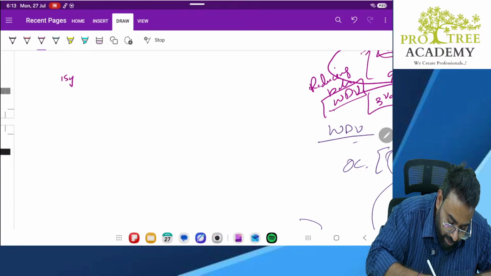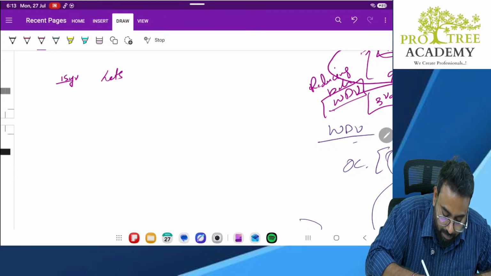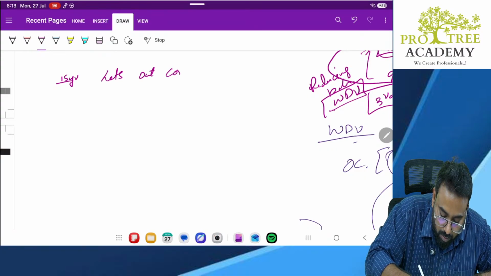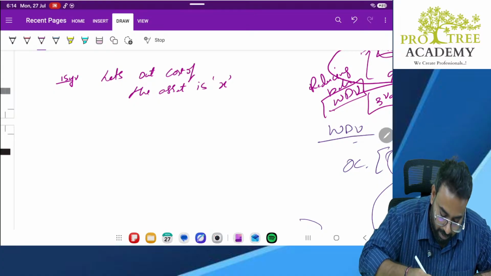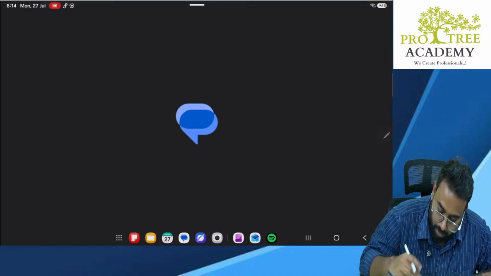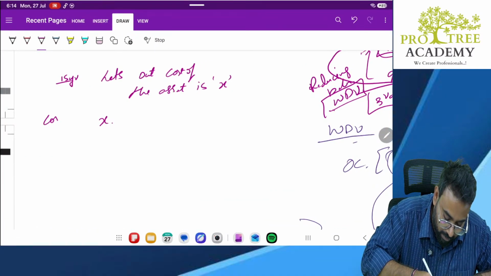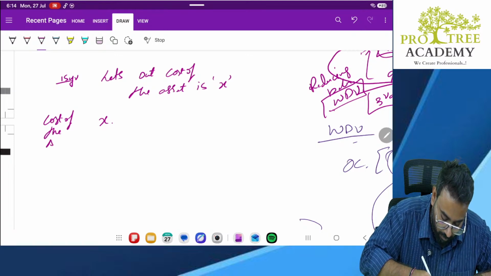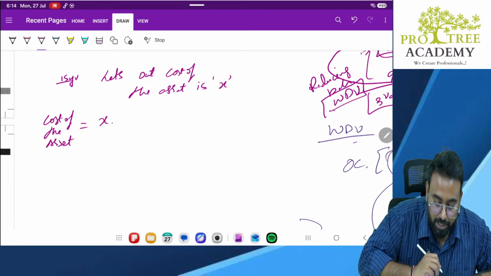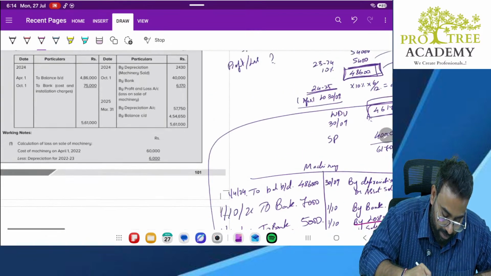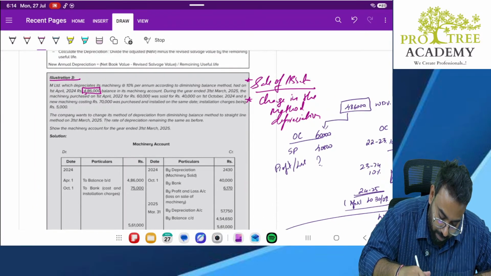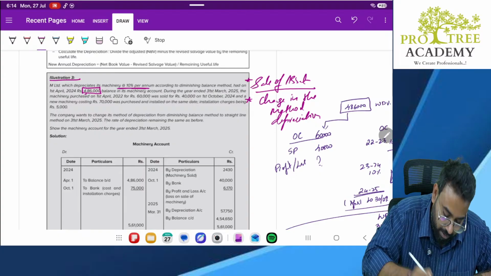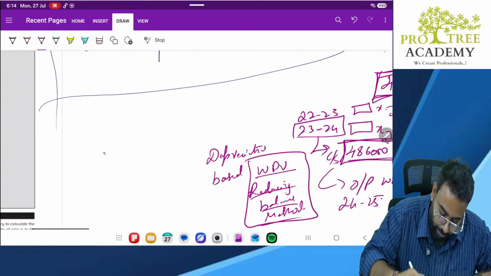Suppose in the first year, our cost of the asset is X. Correct? So X is our cost of the asset. Now, how do you calculate depreciation? Right now, what is the rate of depreciation here? Earlier, in WDV cases, the rate of depreciation was 10%.